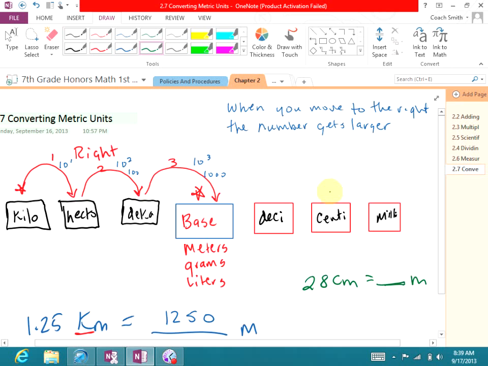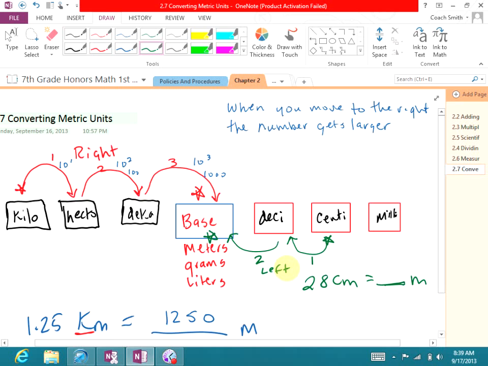So we're going to start right here. Let me put it down on the bottom so we don't get it confused. We're going to start there at centimeters, and we're going to meters. So I move once, and then I move twice to the left.